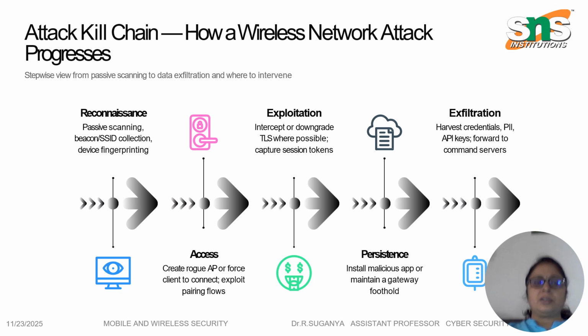So SSID collection and device fingerprinting. Transport layer security should be there whenever we transfer from one layer to another. In between those points, vulnerabilities happen, and also at the endpoint.